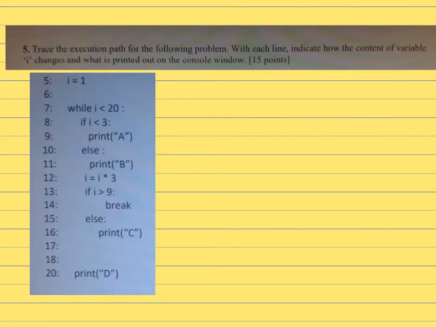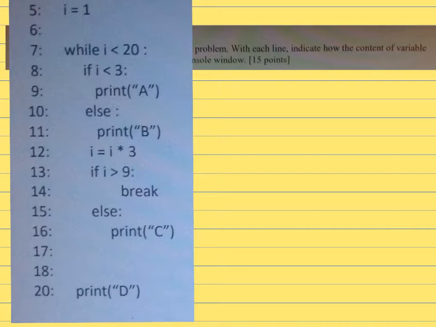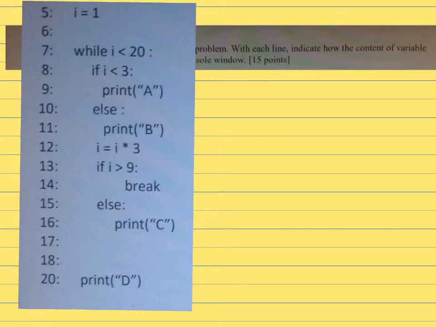Now this problem was a little tedious, as we had to trace the program, and with each line we have to indicate what the variable is and what is the output on the console. So I'm going to enlarge this a bit more so that we can see the codes and the line numbers as well.